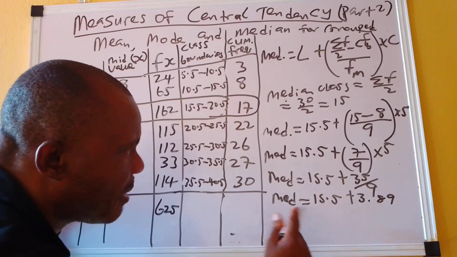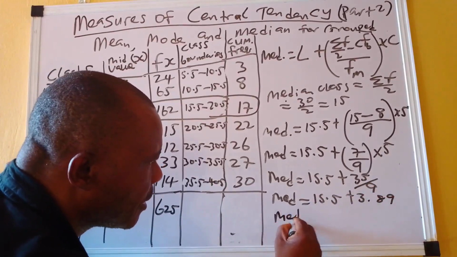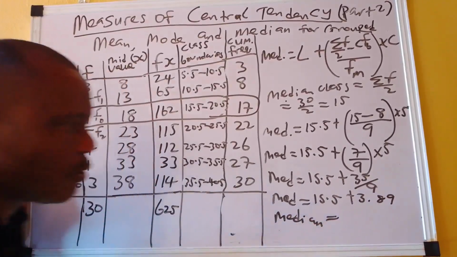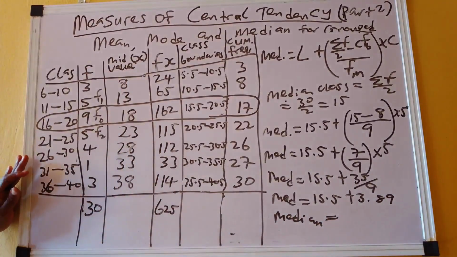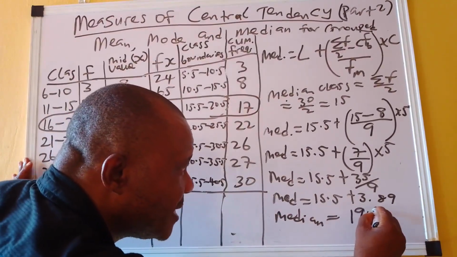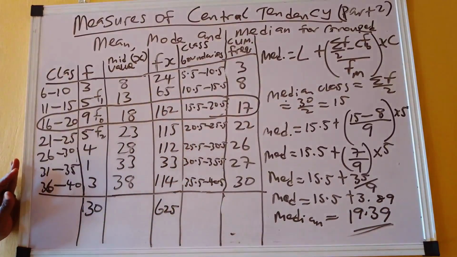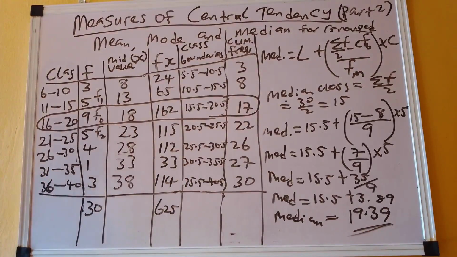So our median, when you add 15.5 to 3.89, you are going to get 19.39. So our median is 19.39 approximately to 2 decimal places.